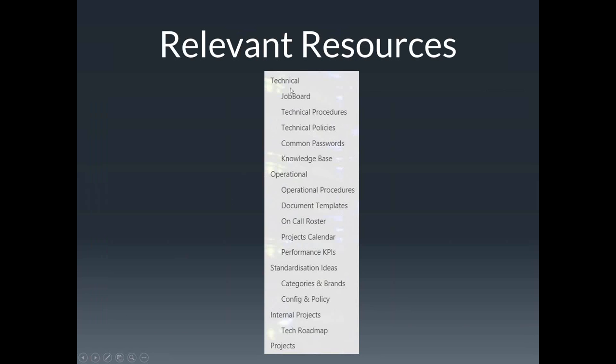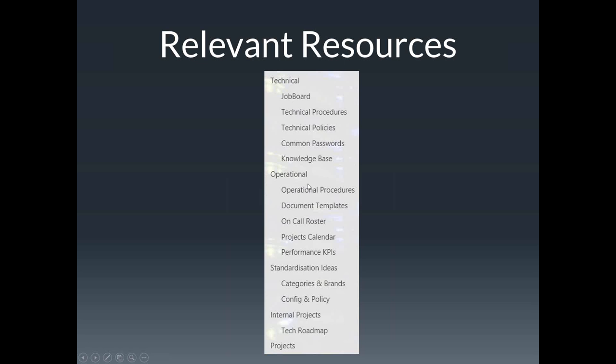So coming back to that navigation bar that we spoke about before with the different top level and sub-level documents, you get the ability to have these completely customized for each different team site you set up. So within our technical team site, these have changed from the one we were looking at before. So we've now got links to our job board, technical procedures, technical policies, common passwords, and so on and so forth.